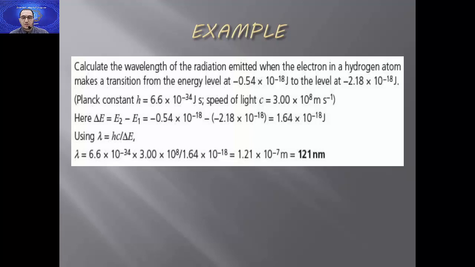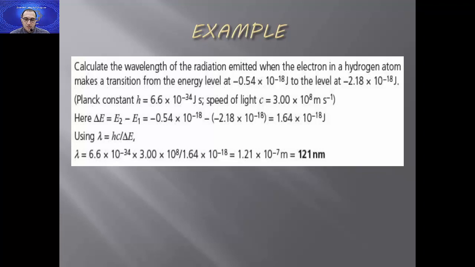The energy level in a hydrogen atom must be negative, according to some improvements in mathematics, no need to go into this, not in our course. He asked for the wavelength. As we know, delta E equals E2 minus E1. So for E2 we have negative 0.54 times 10 power negative 18 minus negative 2.18 times 10 power negative 18. Do it, and you will find the final answer.